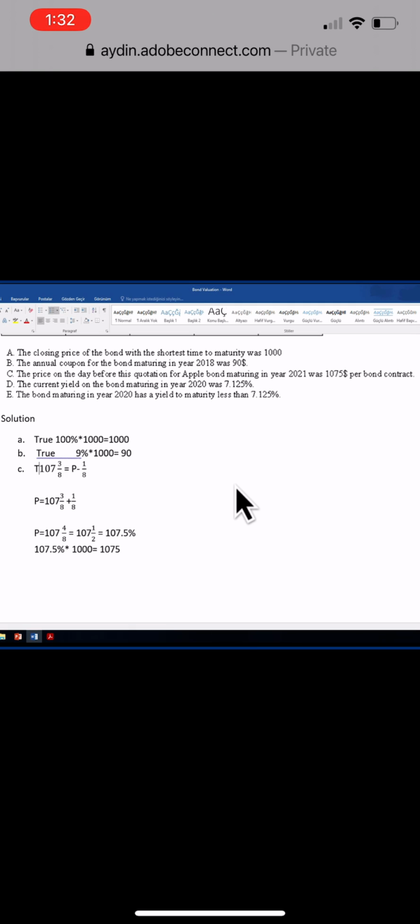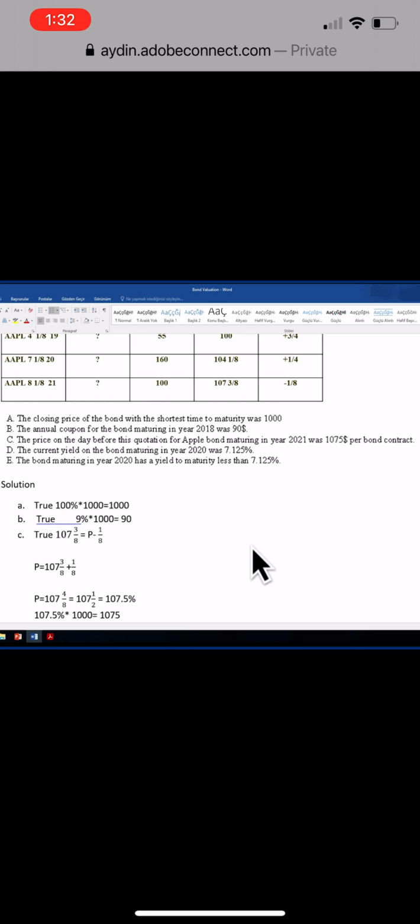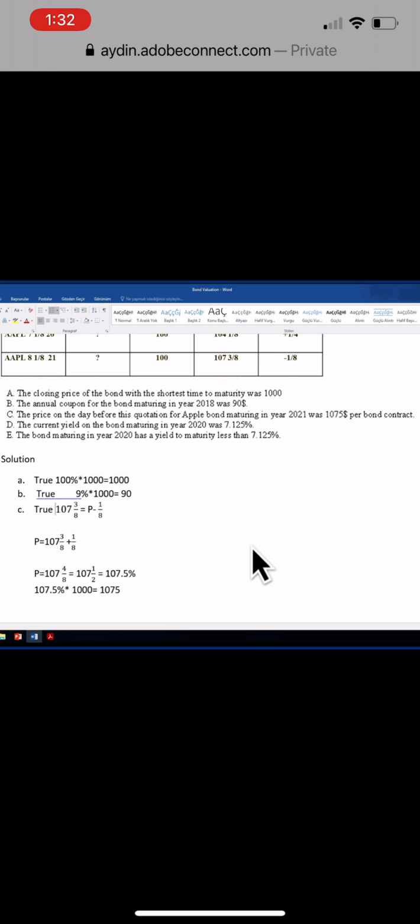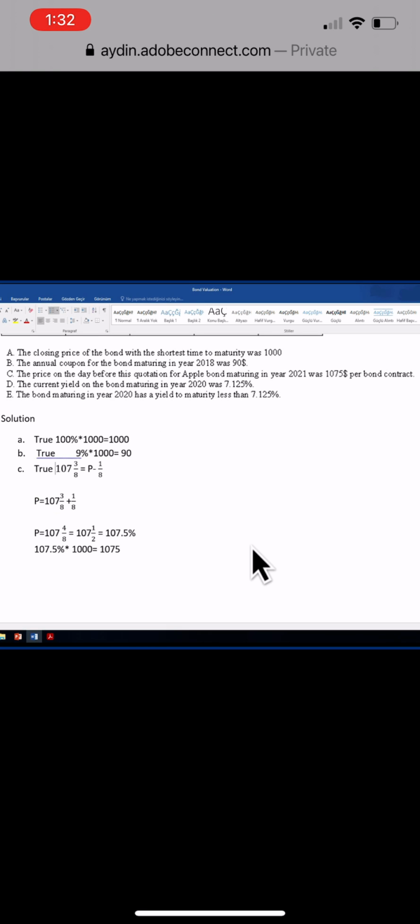Well, the current yield on the bond maturing in 2020 was 7.125%. Ahmed, while it's not stated in the problem, we assume that the face value is 1000.